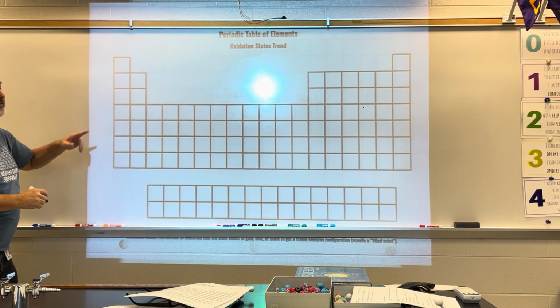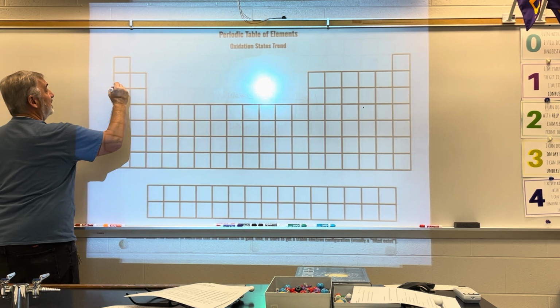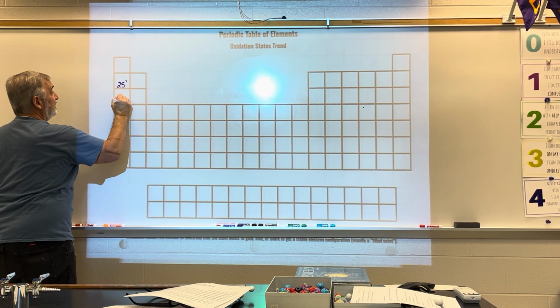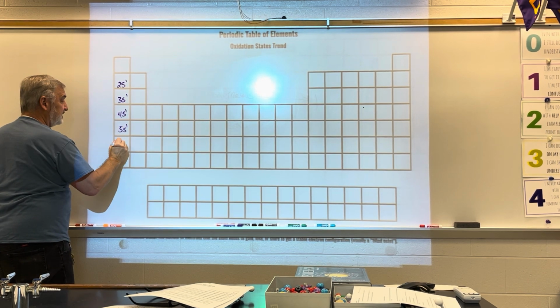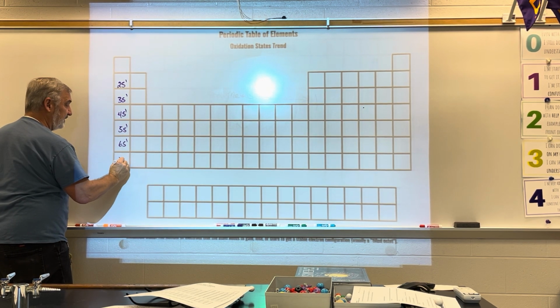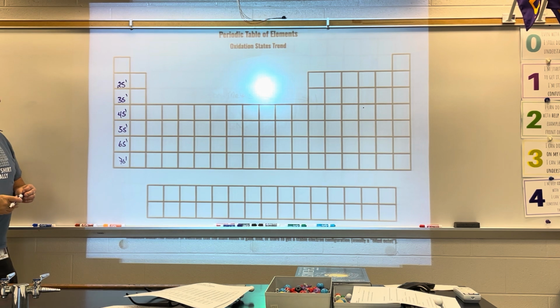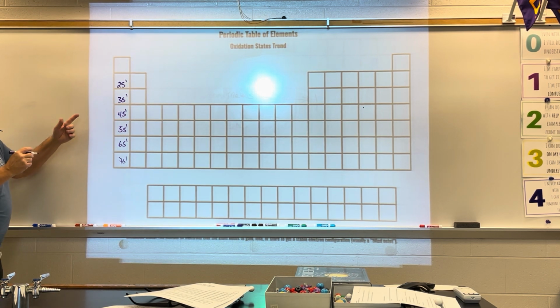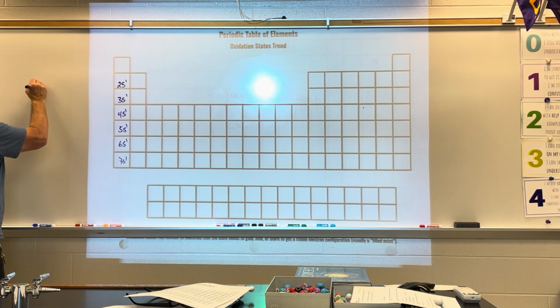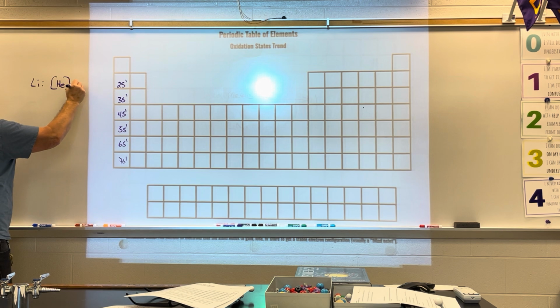These all have 1 valence electron, right? This is 2s1, 3s1, 4s1, 5s1, 6s1, 7s1. If they lose 1, they get the noble gas. Now again, if I did the noble gas configuration for lithium, wouldn't it be helium and then 2s1?